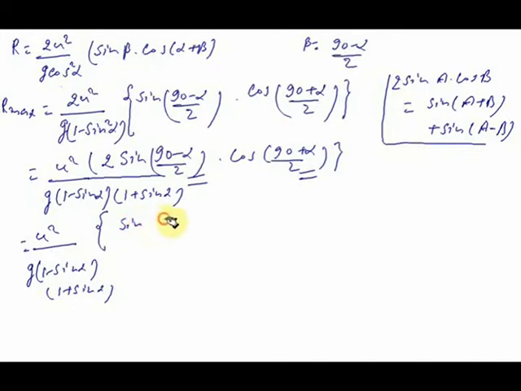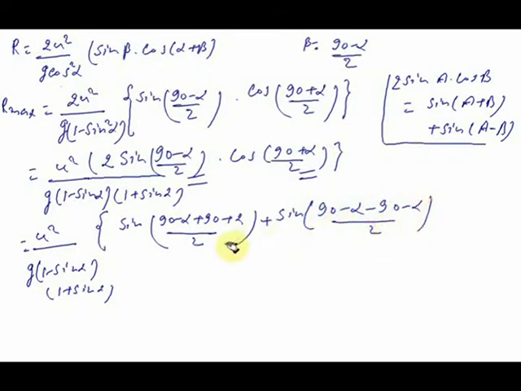Now sine A plus B would be sine of 90 minus alpha plus 90 plus alpha by 2, plus sine A minus B would be sine of 90 minus alpha minus 90 minus alpha by 2. So alpha gets cancelled out, and here 90 gets cancelled out.